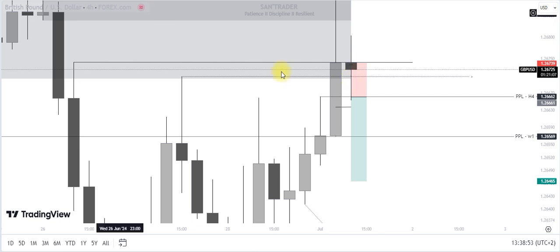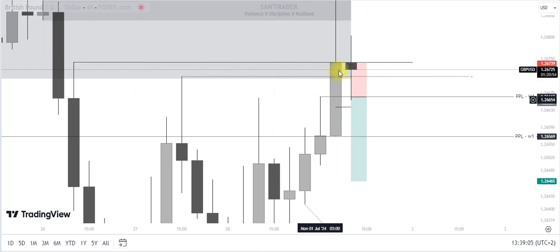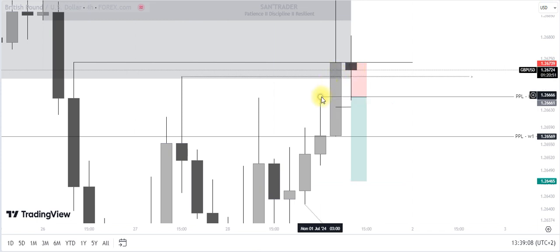So here on H4, as you can see, I've marked this level, right? So this is the candle's high. We need 2 consecutive candles prior to the current one, right? Or this candle, we can use this. This is also PPL, right? This is also PPL.